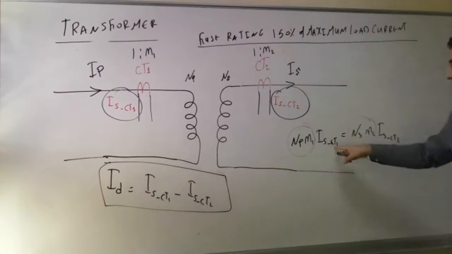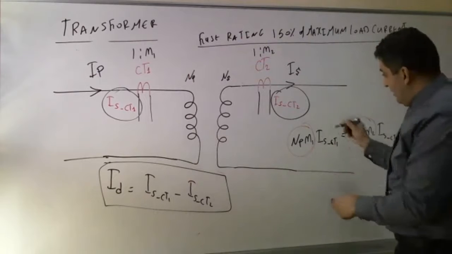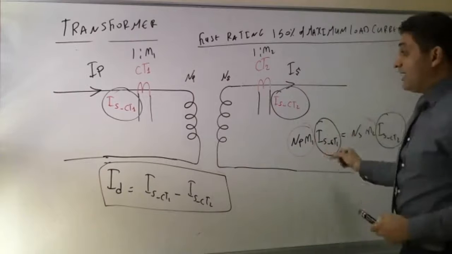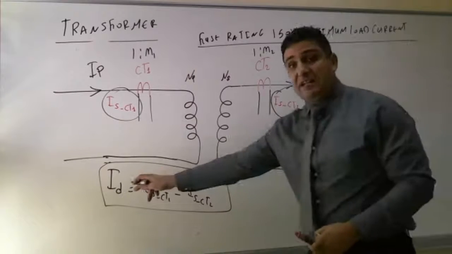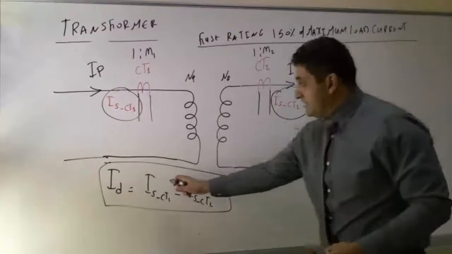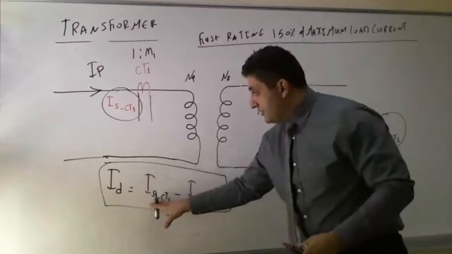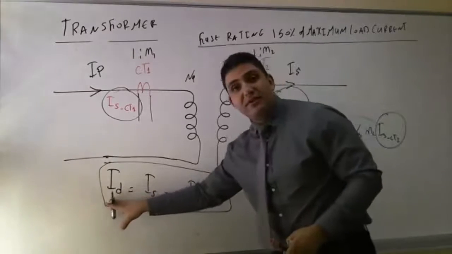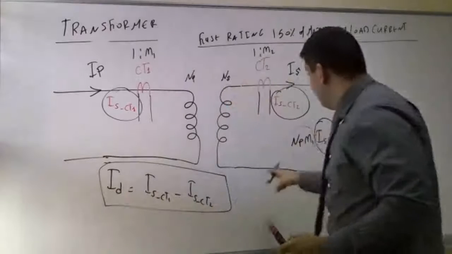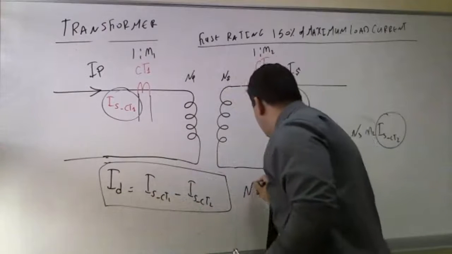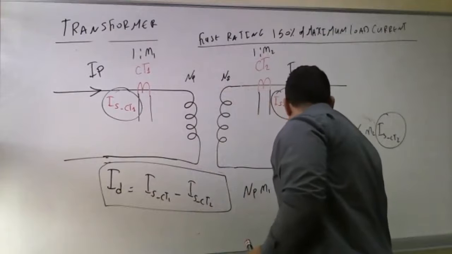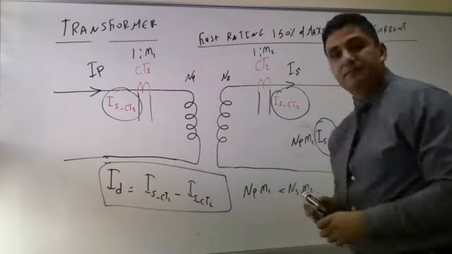If you want this one to equal this one, pay attention, you must make sure to have ID is 0, you must make sure that this equals this. Secondary of CT1 must equal secondary of CT2 for ID to be 0. Therefore, I have now NP N1 equal to NS N2.